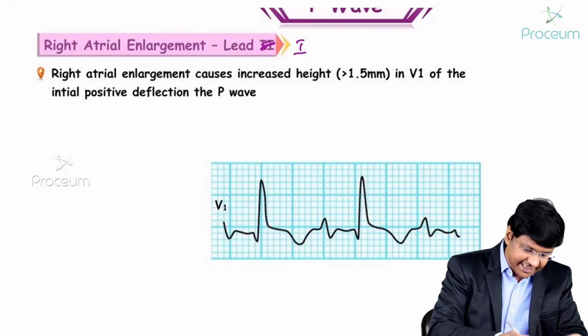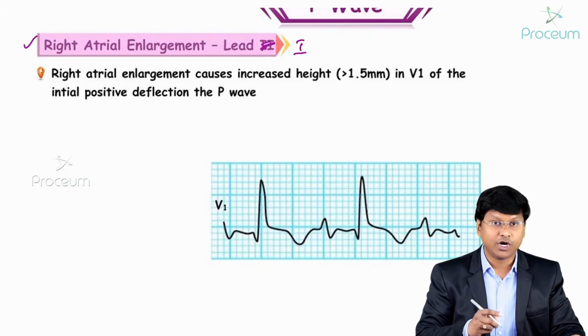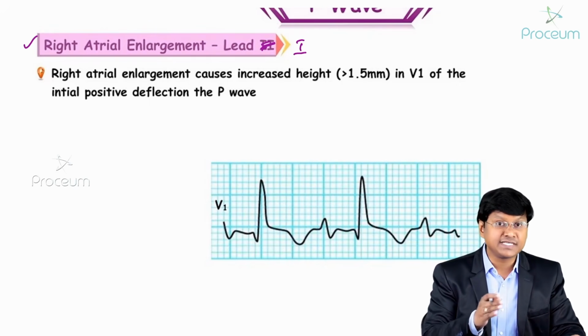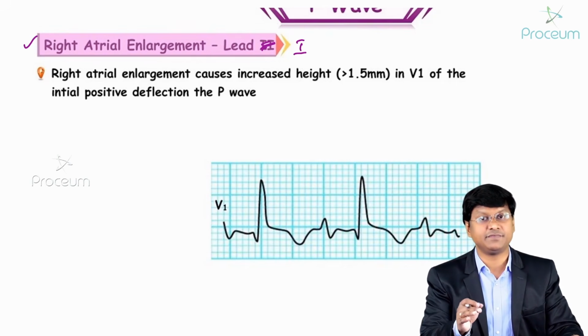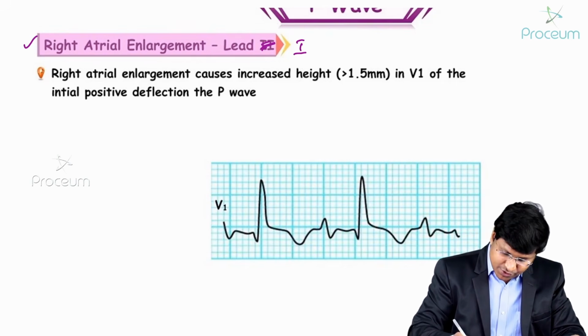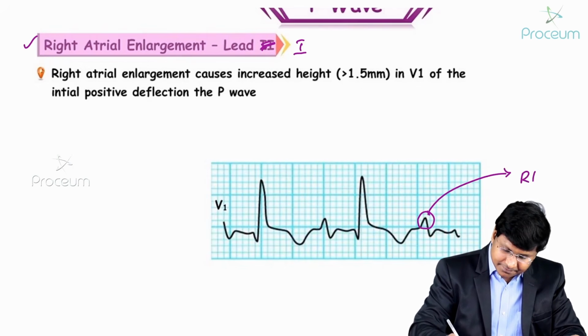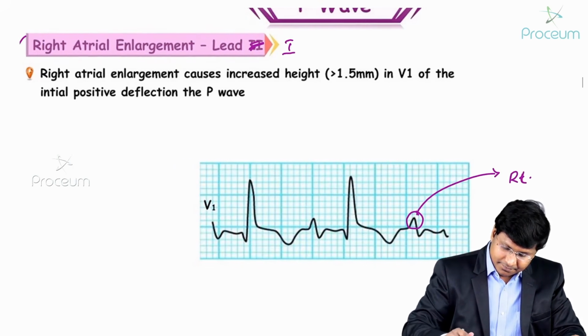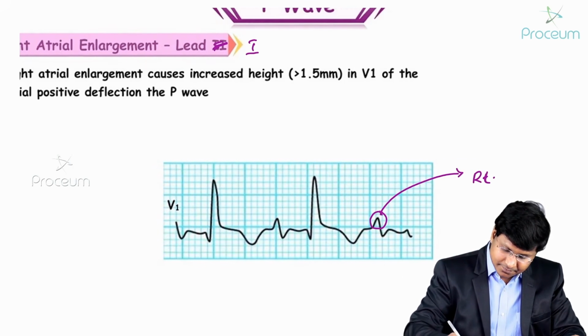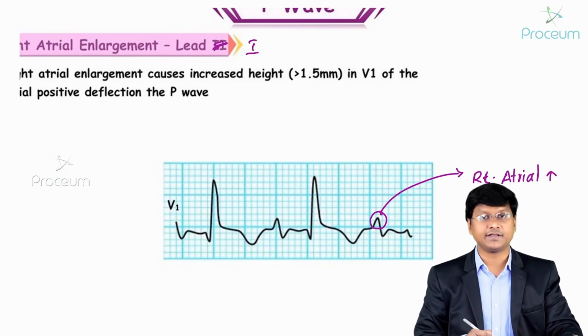So in right atrial enlargement, the first half of the P wave, that is the initial positive deflection of the P wave in V1, is increased. This is your right atrial enlargement.